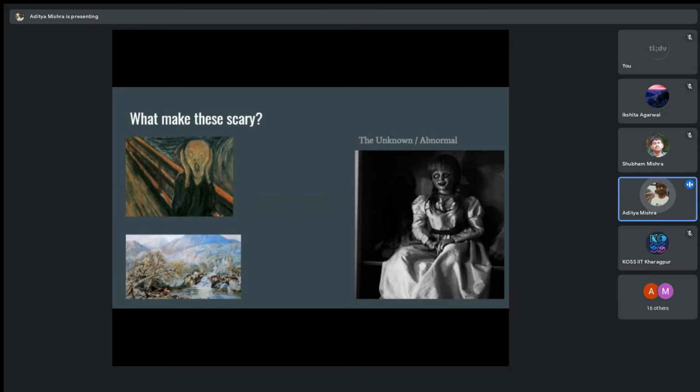The innate aversion that it causes in my brain is the unknown or the abnormal, simply the quality of being creepy in general. The next painting is a picture of a man screaming whose face is disproportional. It's also unknown and abnormal as compared to normal human beings, and thus it's creepy.